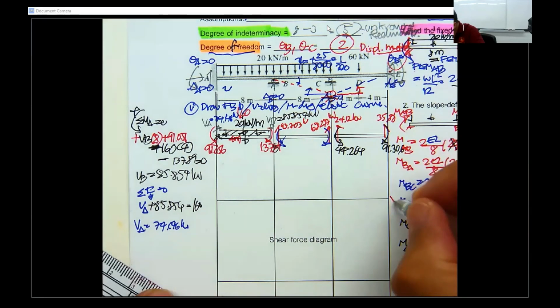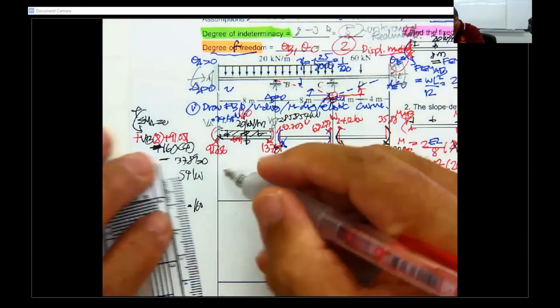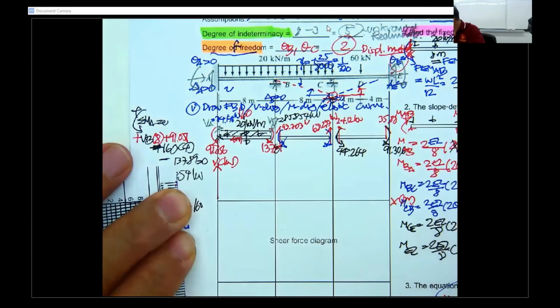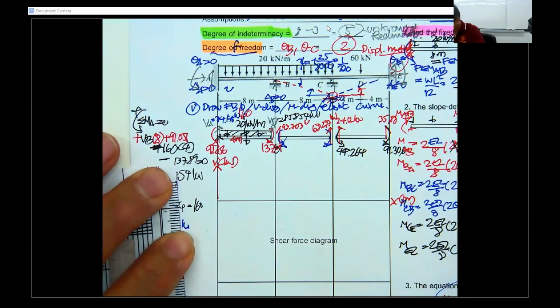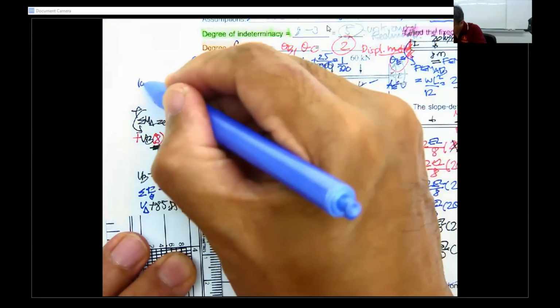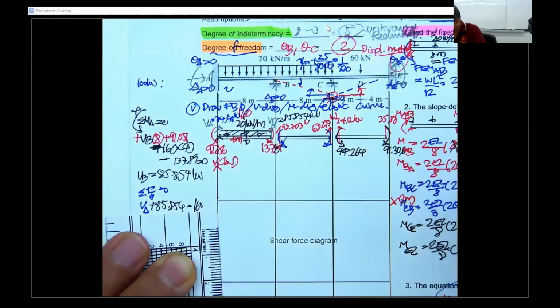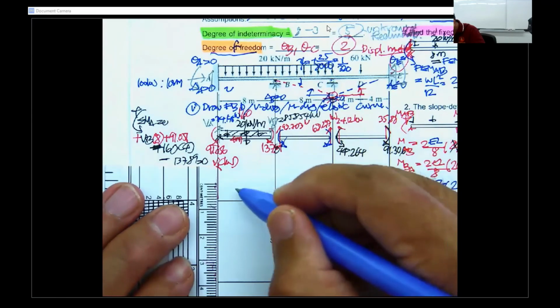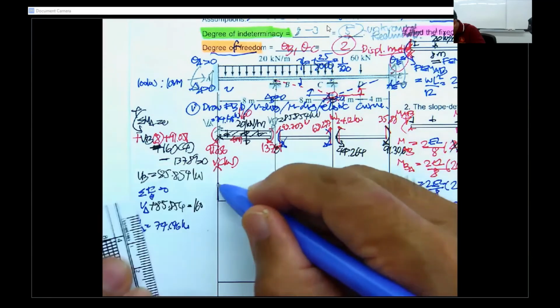This is going to be X in meters, and let's check. This is V in kilonewton. We have 74.14. Scale: 100 kilonewton per 10 millimeter, so this is going to be 7 something up.